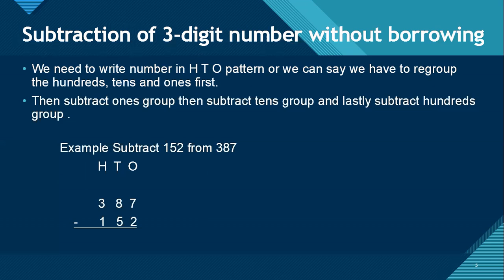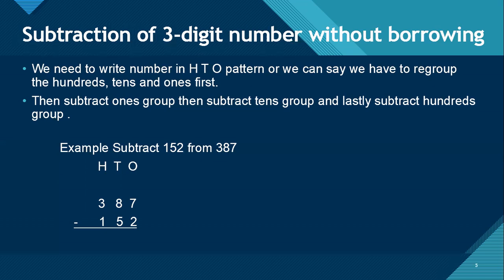We have to draw the 7 lines and we will cut the 2 lines from the 7. Or you can count till the 7 after 2, means 3, 4, 5, 6, 7 and count again. So you will get the 5.